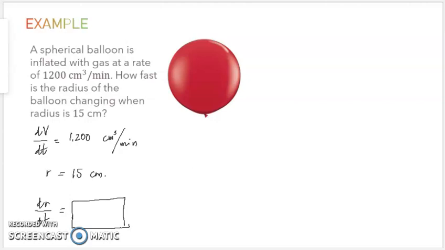Again, we have a sphere, so we use the volume of a sphere. The volume of a sphere is 4/3 pi r cubed, and this is what we will differentiate with respect to time.